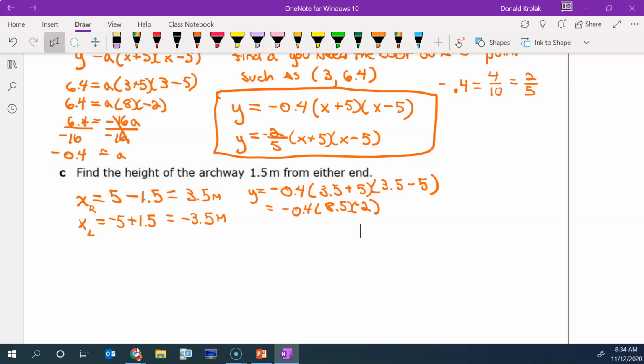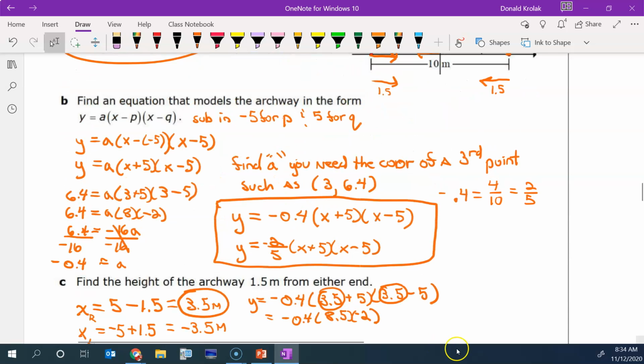I only type in 1. So I'm going to put this one in for each one of these x's. You only do one x at a time. And once we get this y value, we know it's going to be the same on the other side.